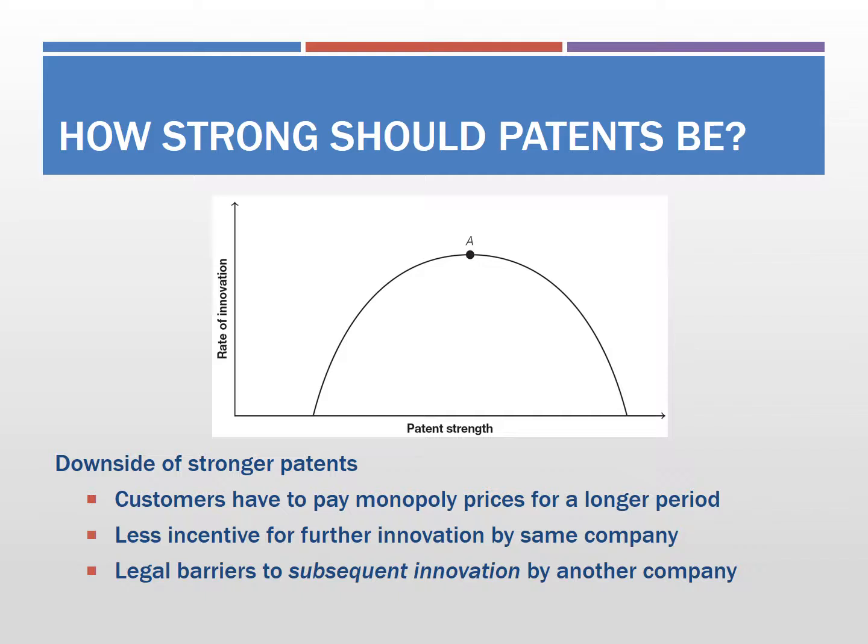This diagram represents the relationship between the strength of patents and the rate of innovation. This cone-shaped graph shows that if we move from one end, with a very, very low strength of patents, or in the extreme, no patent rules in the market, then no one will ever innovate.